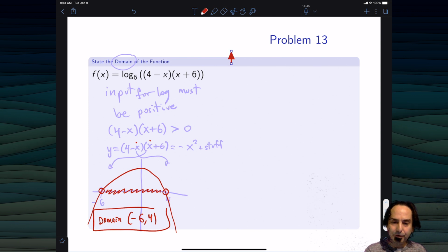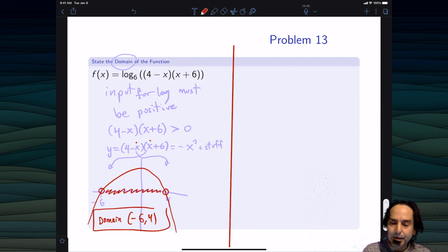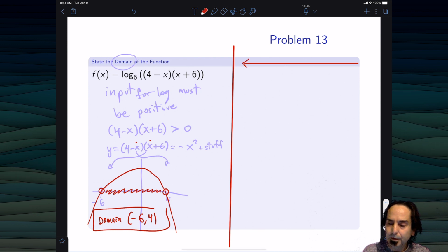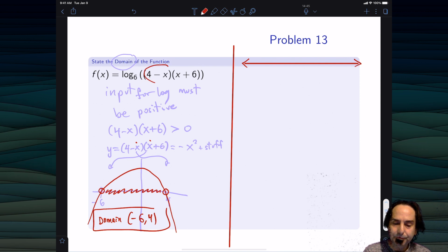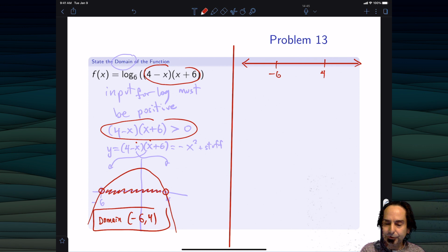Another way to solve this is more general. What we're thinking of is the number line, and we want to know where this function is positive. It's possibly going to change signs at negative 6 and at 4. So there's actually 3 intervals that we're interested in.